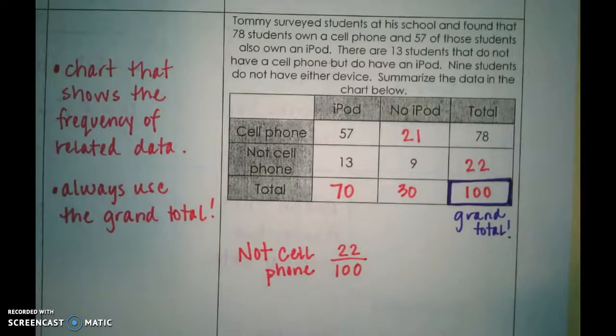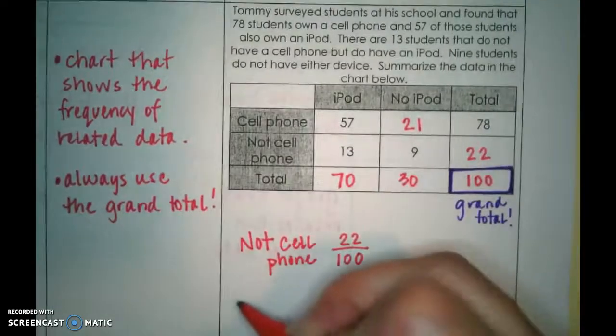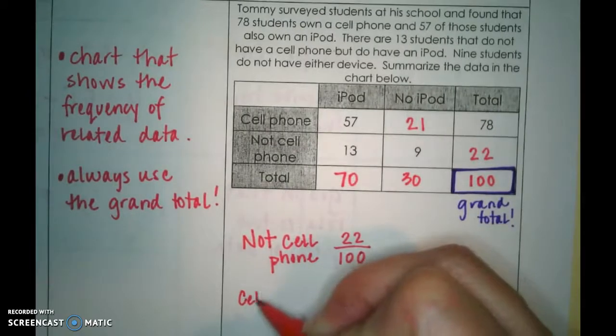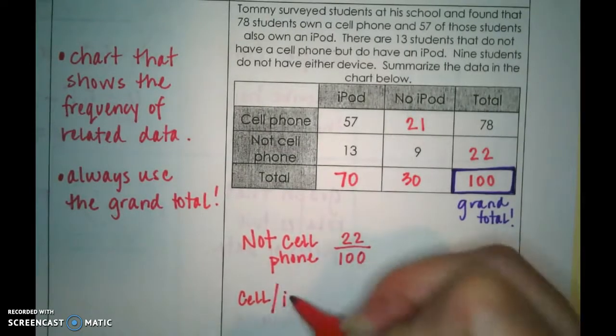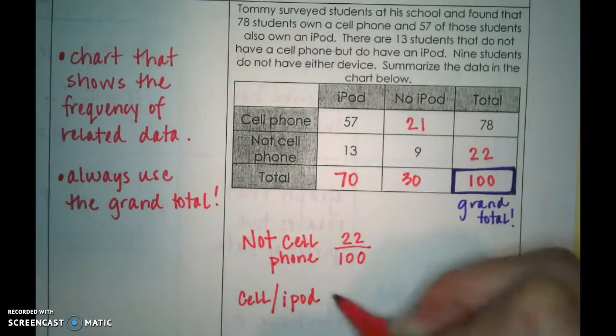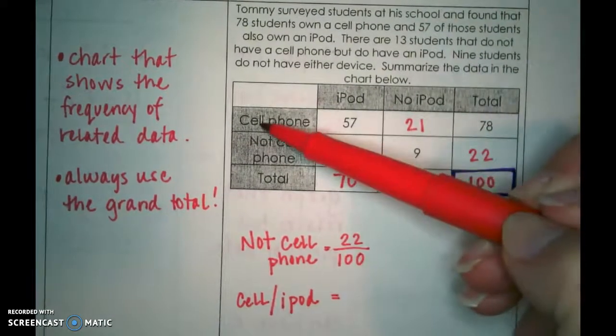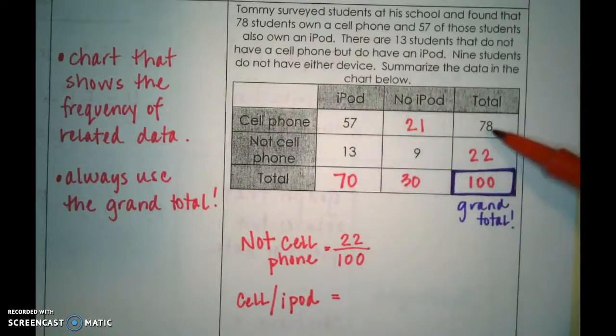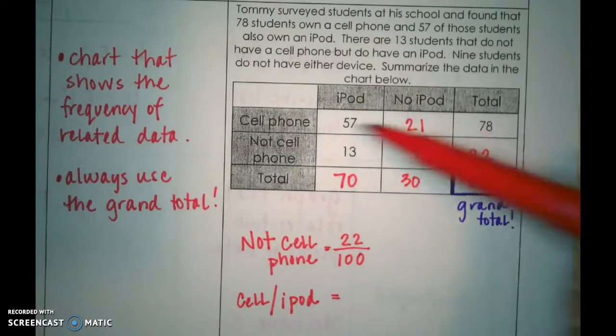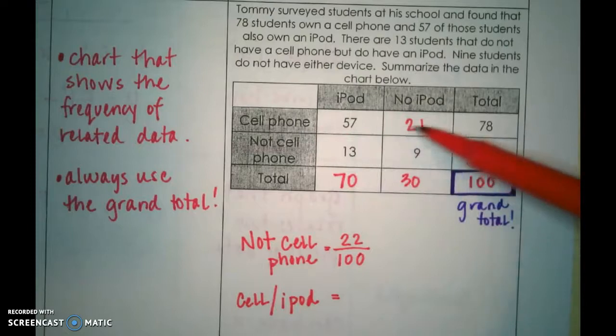All right. What if I asked you how many students had a cell phone and an iPod? Now, if we look at this, I want to know how many students had a cell phone. But I'm not talking about 78. I'm only talking about how many of those students also had an iPod.